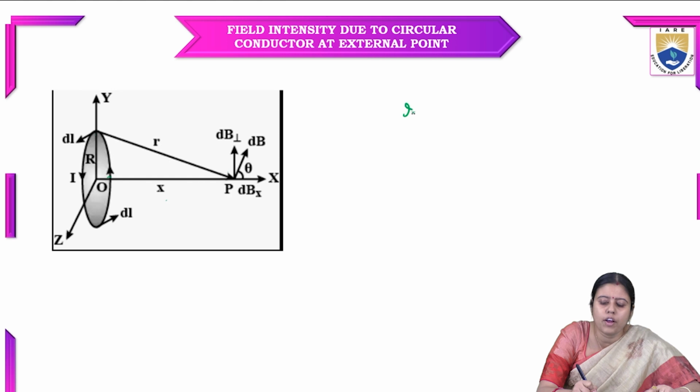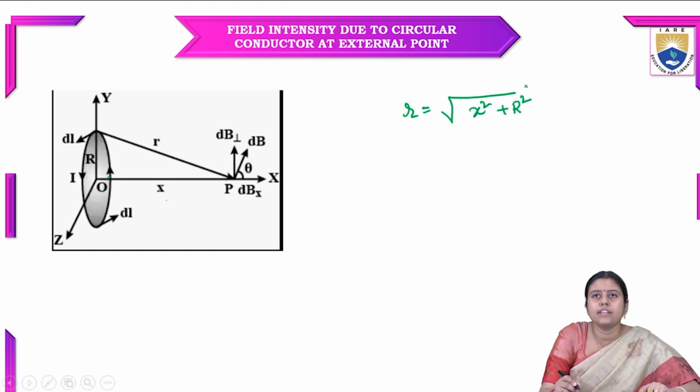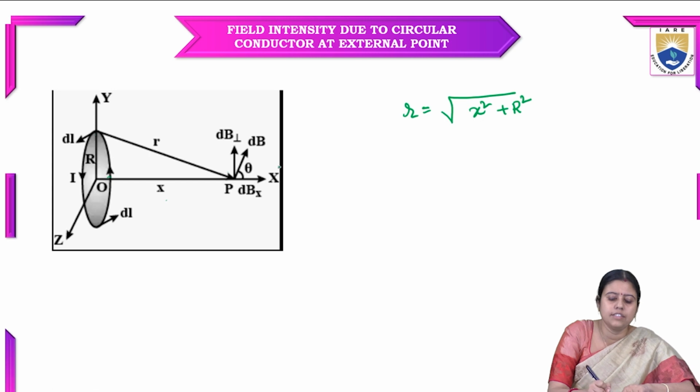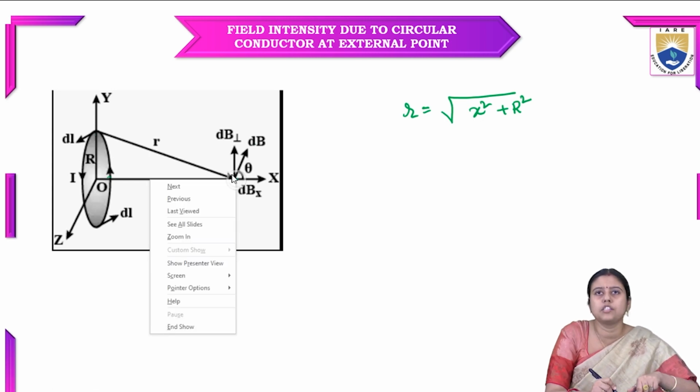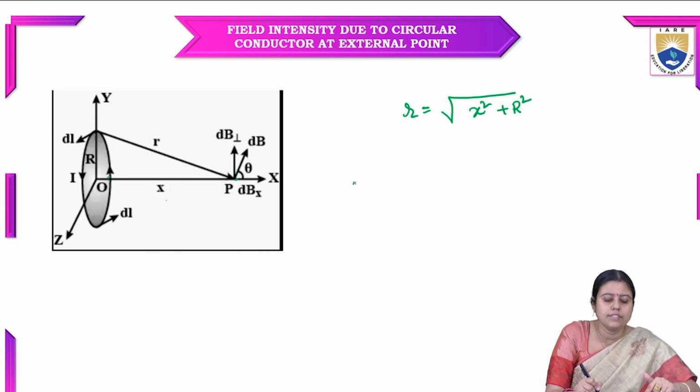So what is small r? Small r is nothing but the root of x square plus capital R square. What is x? x is the distance of the point with respect to the center. What is R? R is the radius.